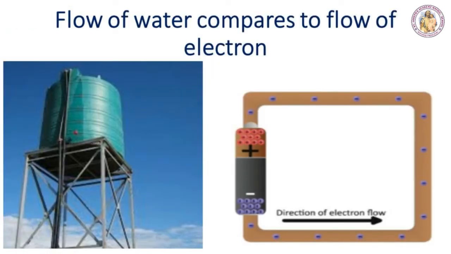Like that, in overhead tanks in our houses, the water will flow down because gravity pulls the water down. In a similar manner, an electric current passes from the positive terminal, higher electric potential of a battery, to the negative terminal, lower potential, through a wire.